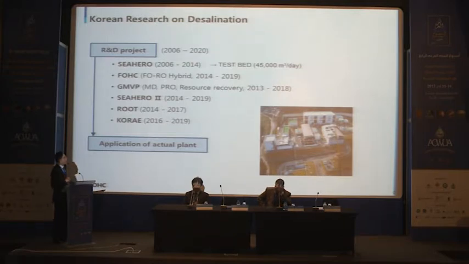One big mega test bed with a capacity of 45,000 tons per day was built. In the following years, several subsequent R&D projects started, based on forward osmosis, membrane distillation, PRO, and advanced RO technologies.